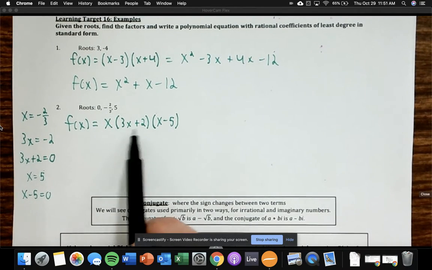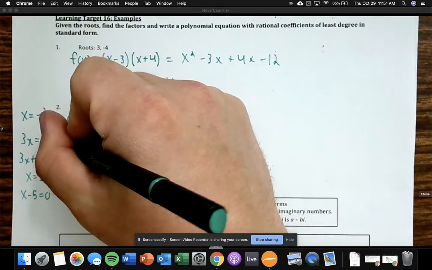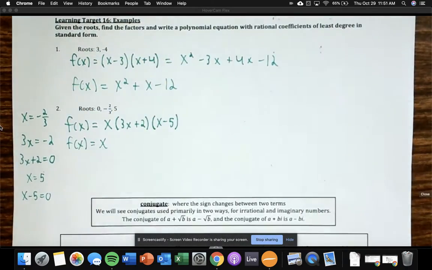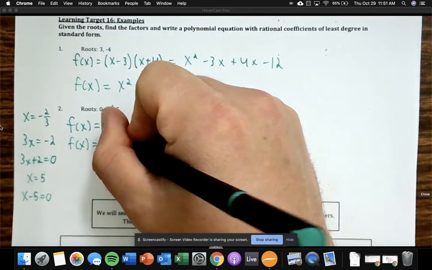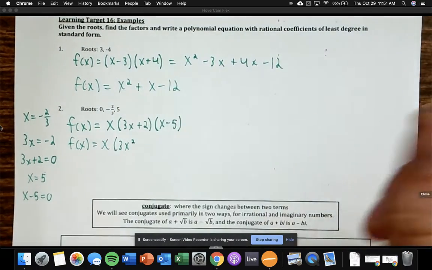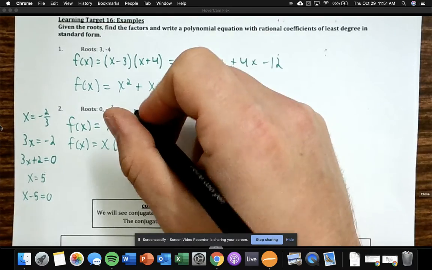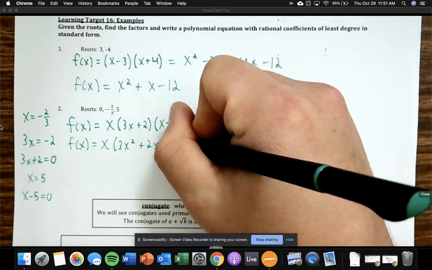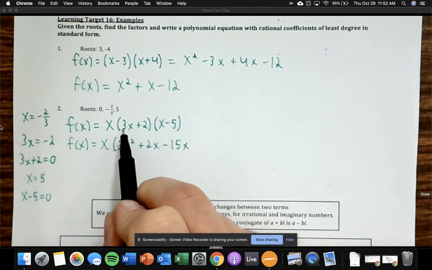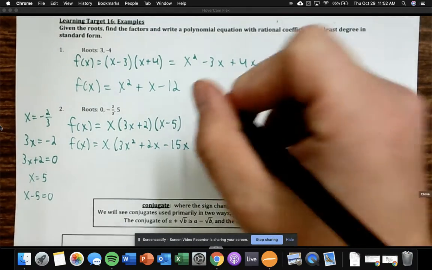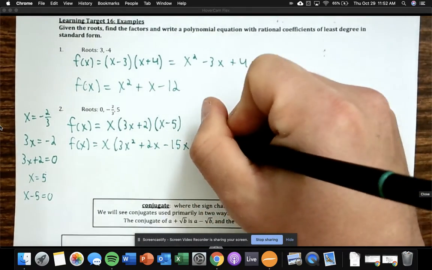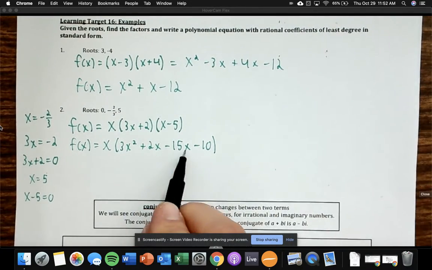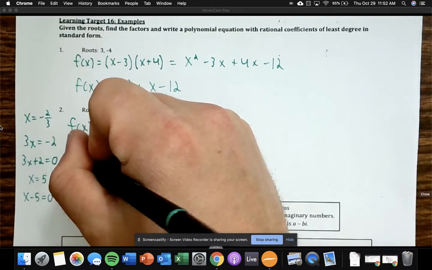So we can start by foiling these two factors. We'll keep the x on the outside for now. We get 3x squared plus 2x minus 15x, because it's negative 5 times 3x, and then minus 10. We can combine like terms a little bit.